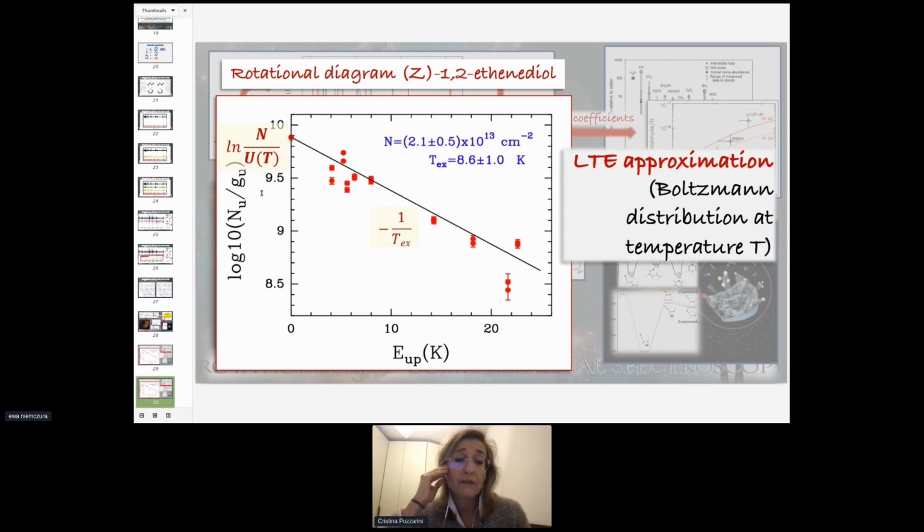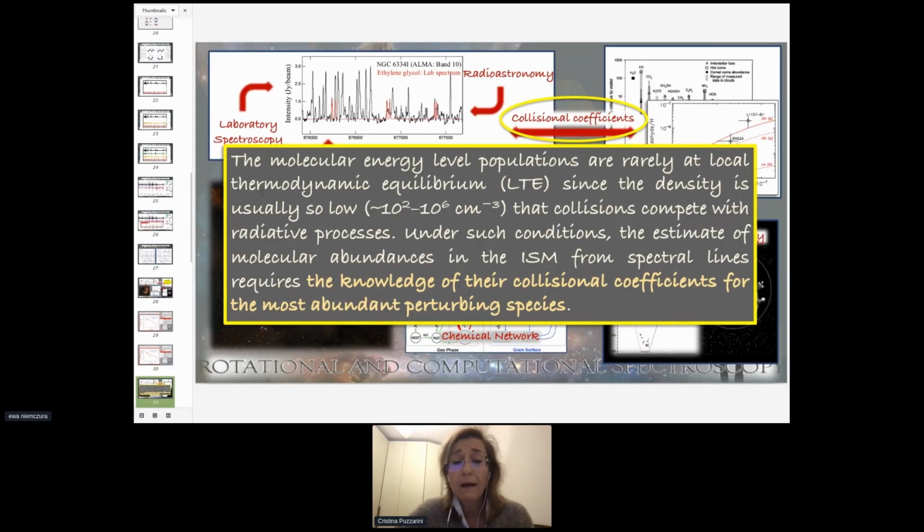fit. The intercept gives you the column density N, but you need to know the partition function, and sometimes this requires accurate calculation as well. And from the slope you derive the excitation temperature. However, as mentioned at the very beginning, the density in molecular clouds is very low.